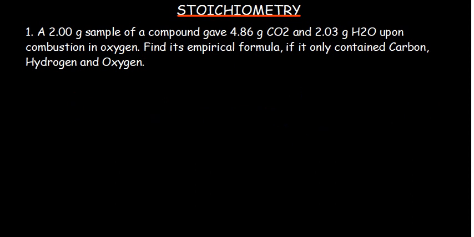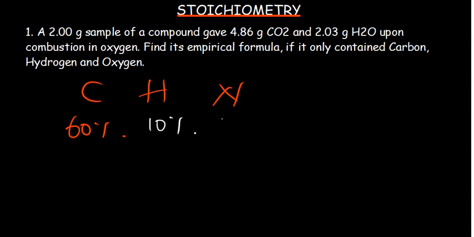In a normal case, where you're given a compound consisting of three elements, carbon, hydrogen, and nitrogen, they may give you the masses, or sometimes the percentages, maybe carbon 60%, hydrogen 10%. So you guess the other is 30%. They ask you to find the formula.